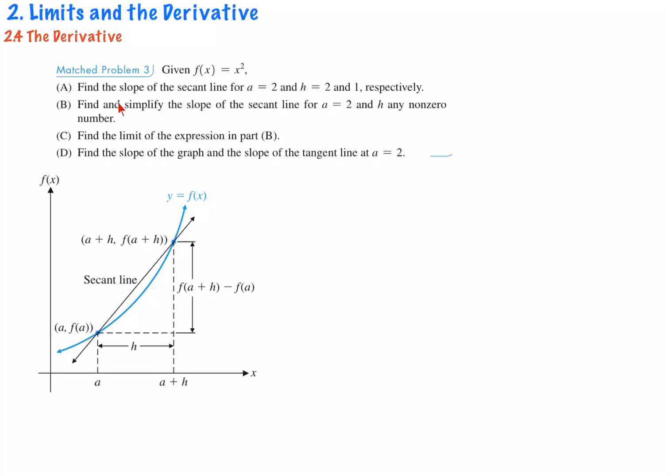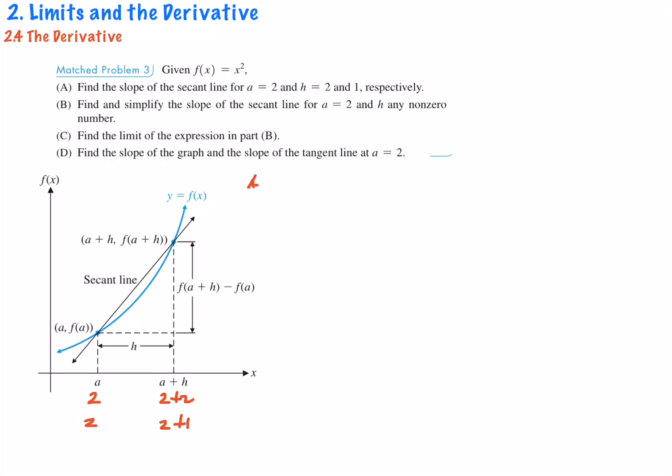So we can use it to solve this kind of problem. Given f of x equal to x squared, find the slope of the secant line for a equal to 2 and h equal to 2 and 1 respectively. So referring to this one, let's say the first case is when a equal to 2, and then you have 2 plus 2, right? The h is 2, and then the other one is h equal to 1. So I'm going to write 2 and then 2 plus 1 over here.